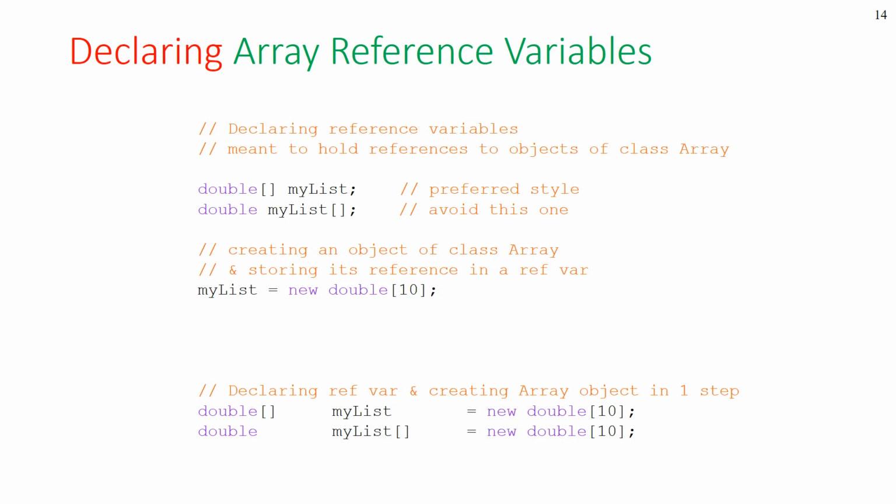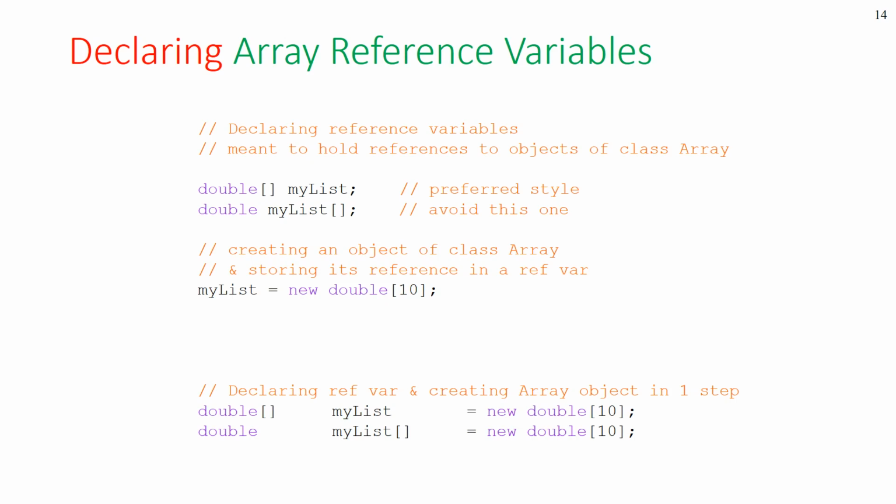When you do C programming, you're going to use that notation where we put the type of the elements that are going to be inside the array, followed by the name of the reference variable to the array, followed by the symbol that means, hey, I want an array of double. I just don't want one double. If I wrote only this, double myList, I get one double. And with this, I get an array. This is still accepted by Java.